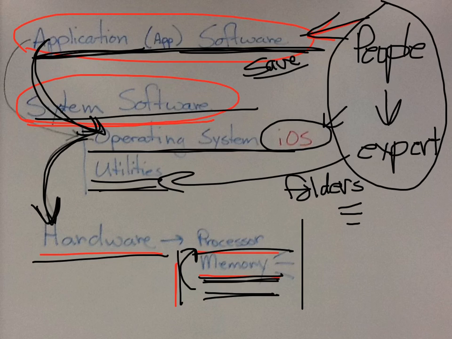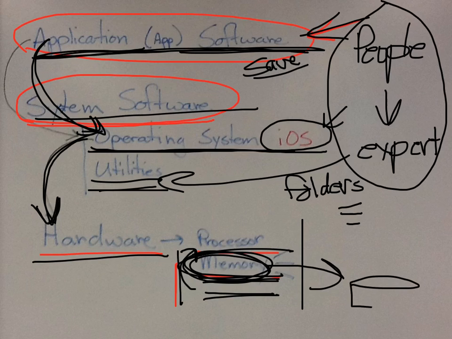But the application says, hey, operating system, take this file that's in memory, this word processing document, and save it somewhere. Okay? For example, save it out on a hard drive. And that hard drive, you have learned, could be local, could be on a server in the area, or it could be out in the cloud somewhere. And we're starting to learn it might not just be a hard drive either. It could be some solid state type of storage. That's enough for today.